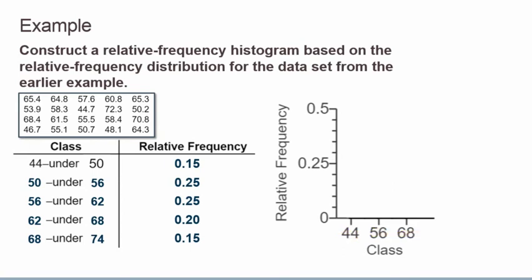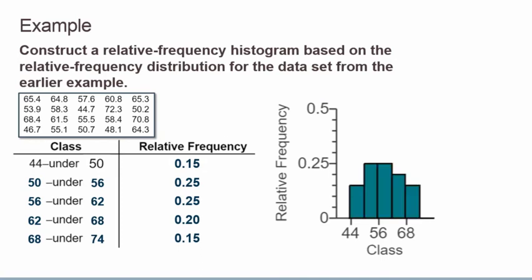Then on my vertical axis, I start at 0, and each hash mark is 0.05. So I have 0.05, 0.1, 0.15, 0.2, and then it's labeled at 0.25, 0.3, 0.35, 0.4, 0.45, and then it's labeled at 0.5. Now I'm ready to draw my bars.